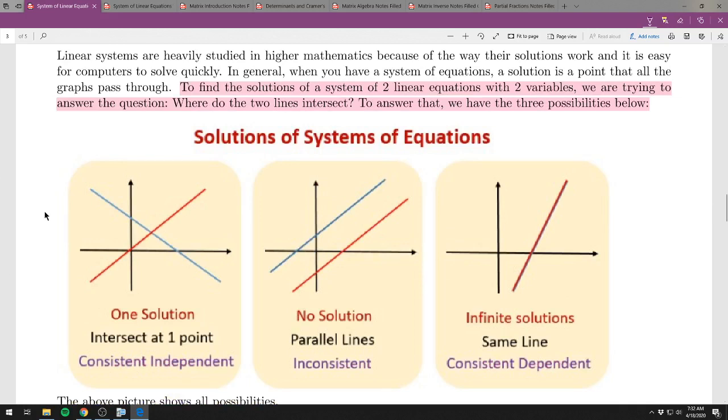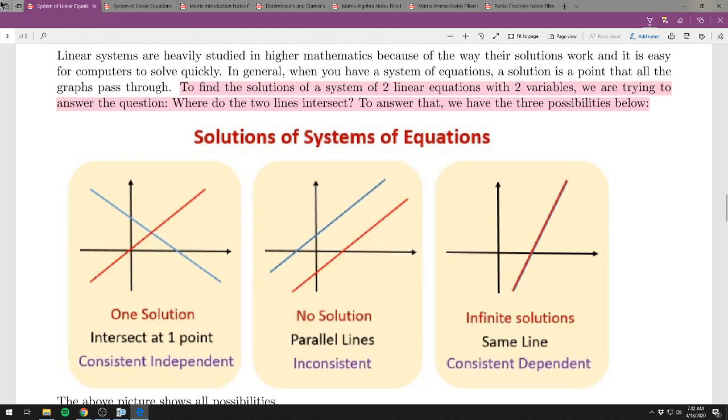All right, the linear systems are heavily studied in higher mathematics. If you end up doing a math major or math heavy major, like a lot of the sciences are, engineering, one of the tools you use a lot is something called linear algebra, which is basically studying linear equations, systems of linear equations, but there's a whole class for it.